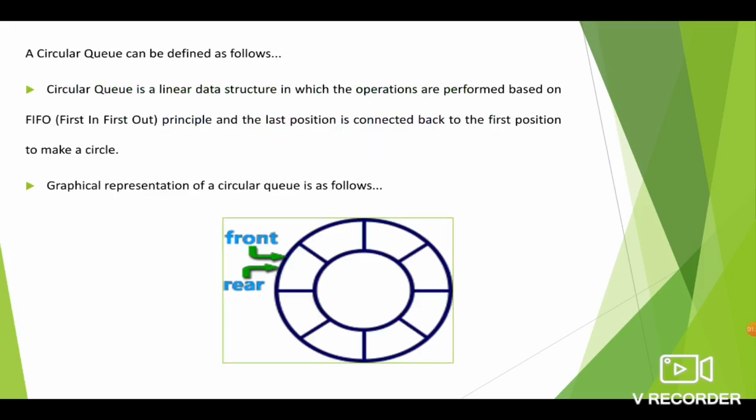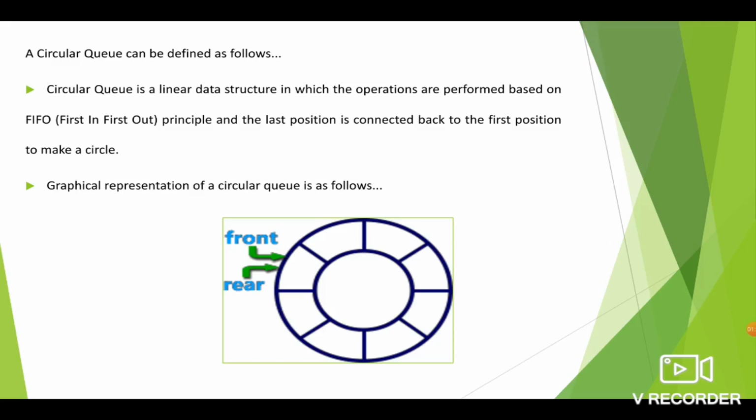So we go with the circular queue. So what is circular queue? It is a linear data structure in which the operations are performed based on FIFO principles, but the last position is connected back to the first position to make a circle. That's why it's called a circular queue. See the figure, both the front and rear end.